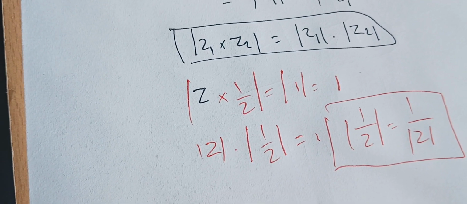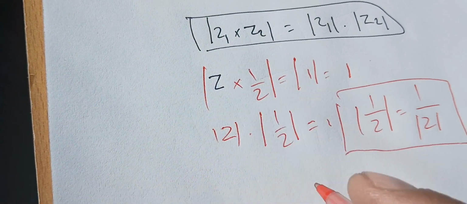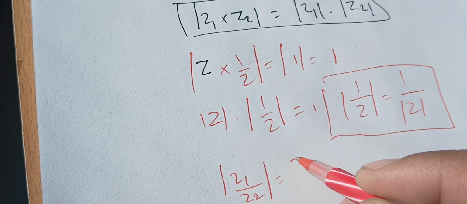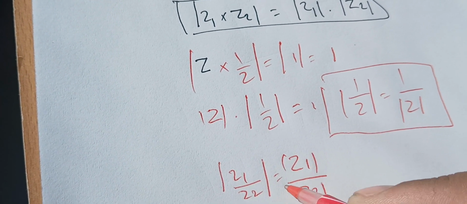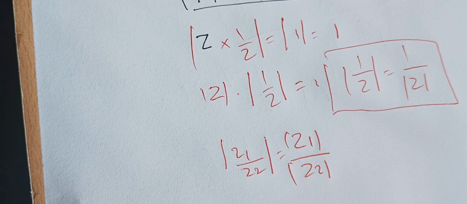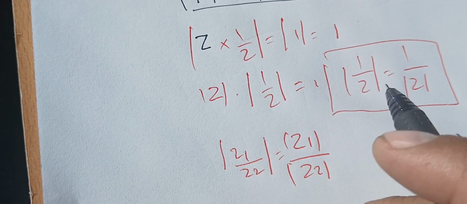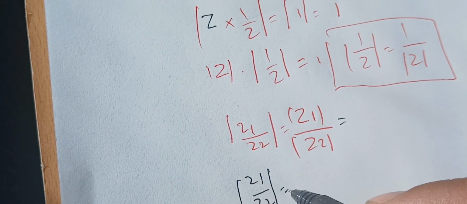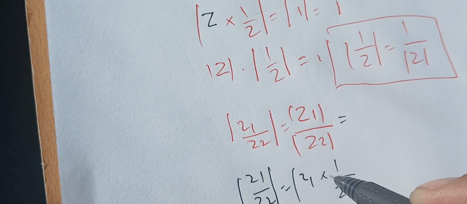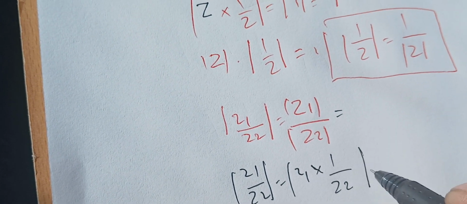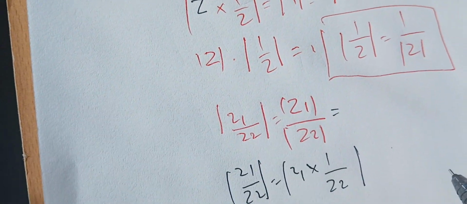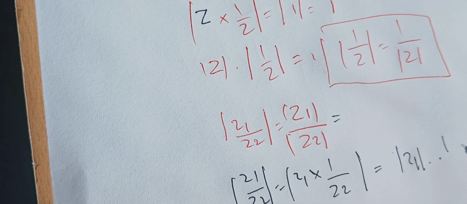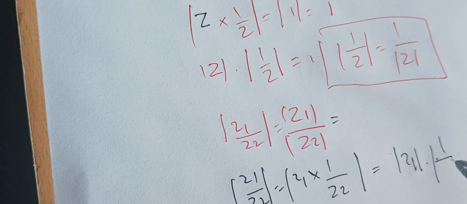Okay, so now we're going to use this same result to prove that the norm of z1 over z2 is just the norm of z1 over the norm of z2. So we can write z1 over z2 as z1 times 1 over z2. And using this result here, we get the norm of z1 times the norm of 1 over z2.